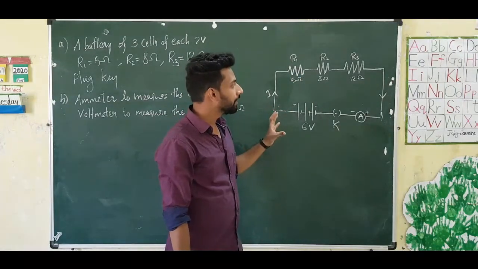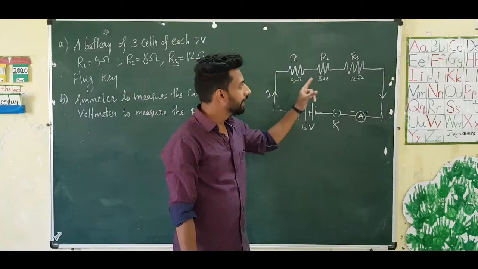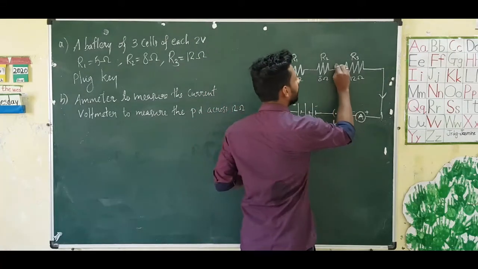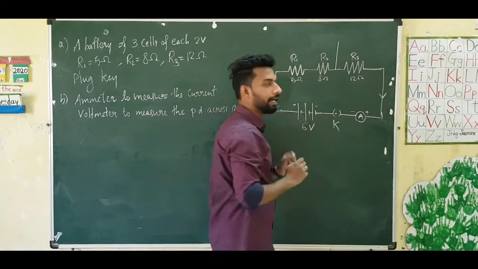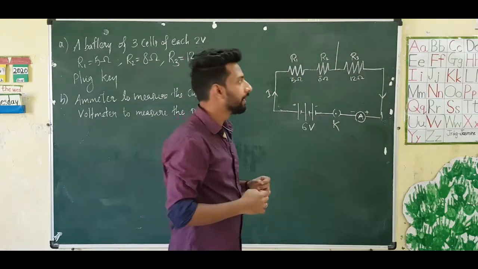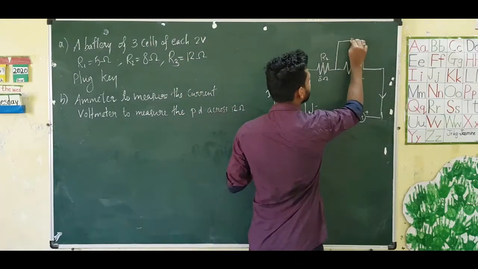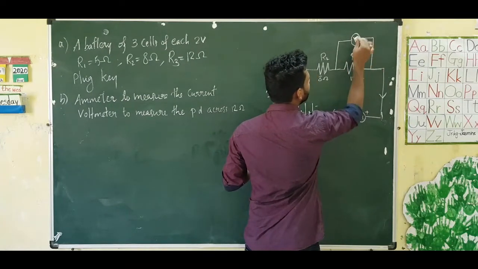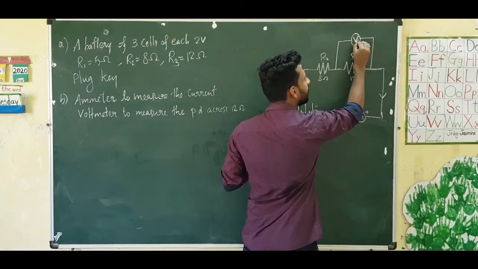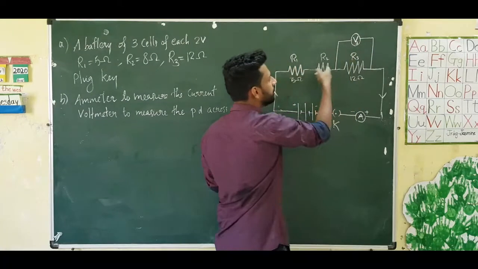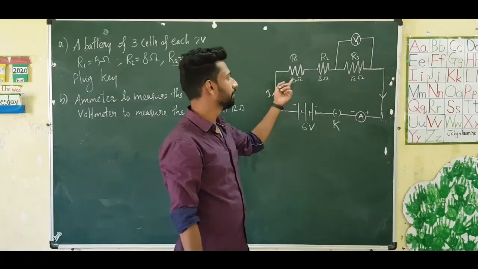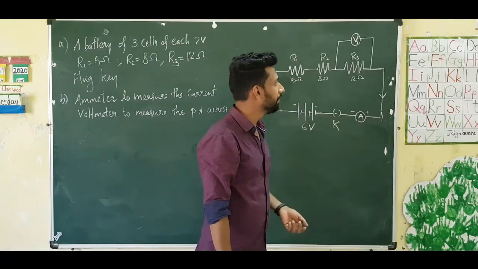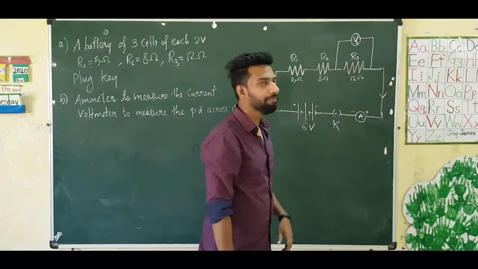So we have to connect the voltmeter across the 12 ohm, and a voltmeter must be connected in parallel with the resistor. Here will be the voltmeter. It can be represented by V3 because each potential difference will be different. The potential difference of R1 will be V1, R2 will be V2 and R3 will be V3. So I have represented it as V3.